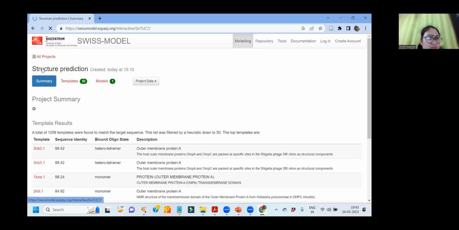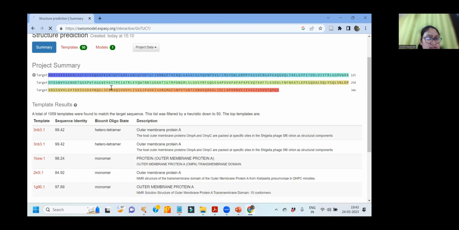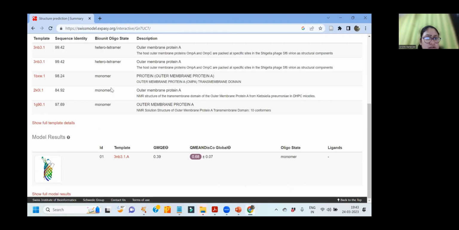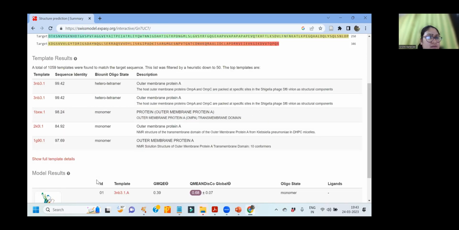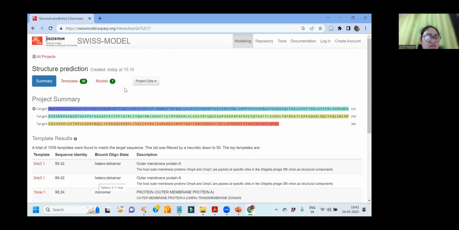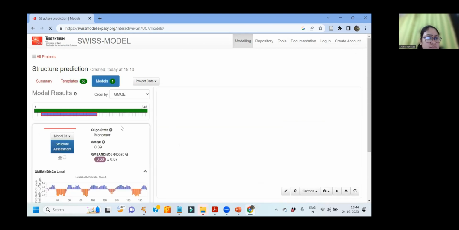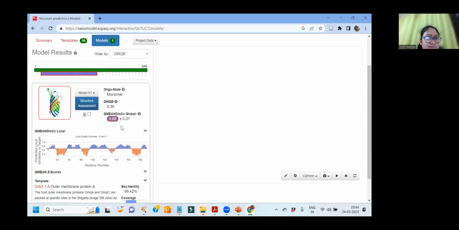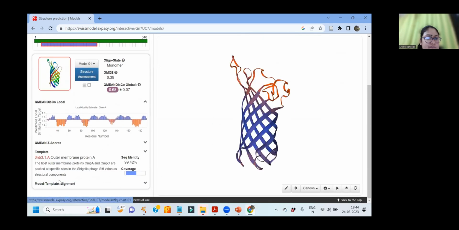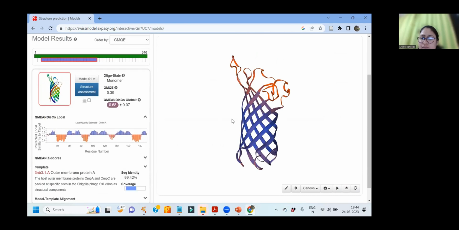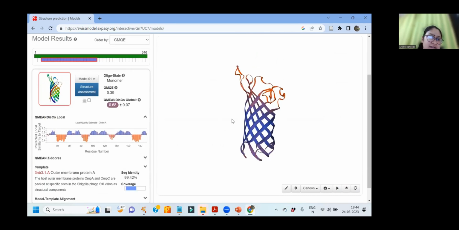Let's go to the summary now. So this is the model result. Okay. So that is how you build a model of it. Clear? How you predict a model here?